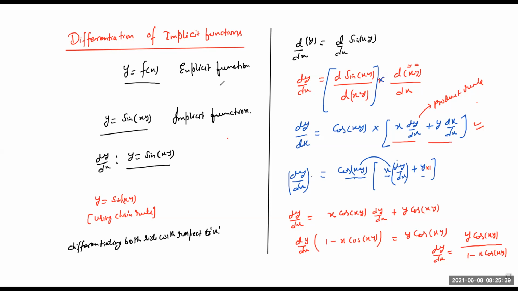Next. Okay, sir. So let's do some more problems. Let's see, if I give you y square equals ln xy. Now, does it look implicit or is it explicit? Sir, implicit. Implicit.